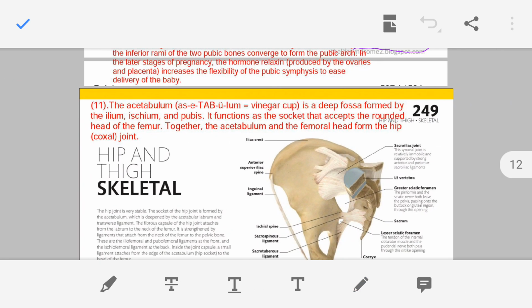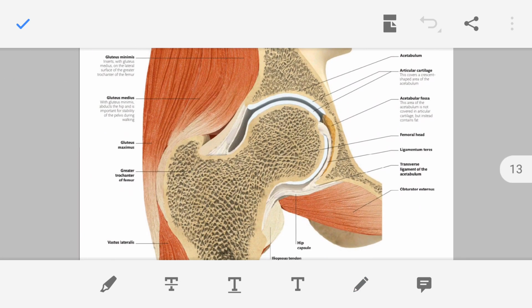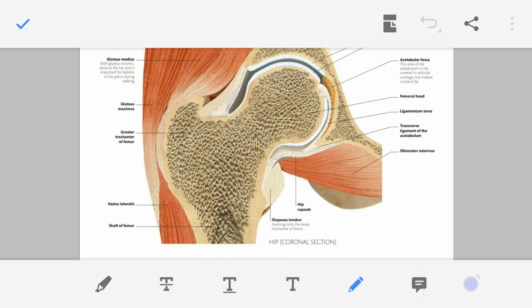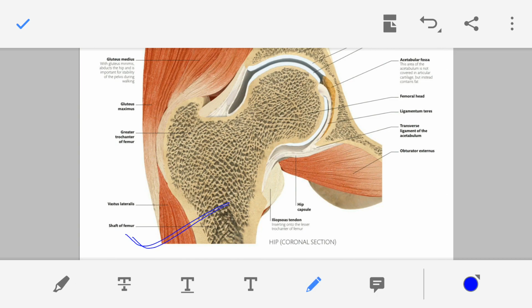And what this acetabulum is doing, so this is the thigh bone, and the name of thigh bone is the femur, and this part, this one is the head of femur bone.